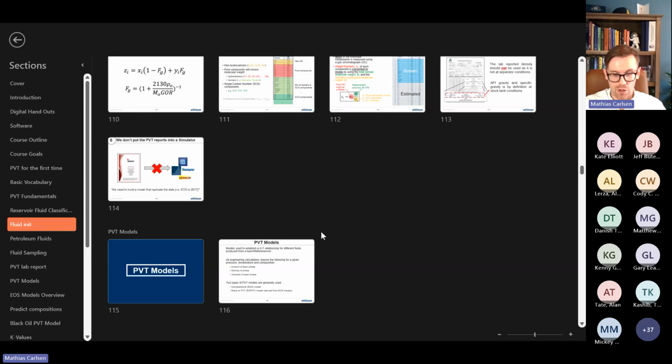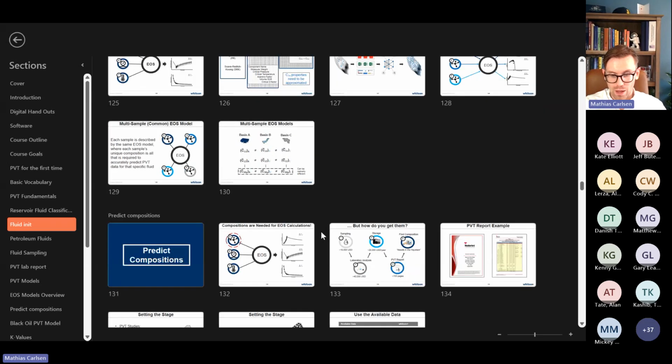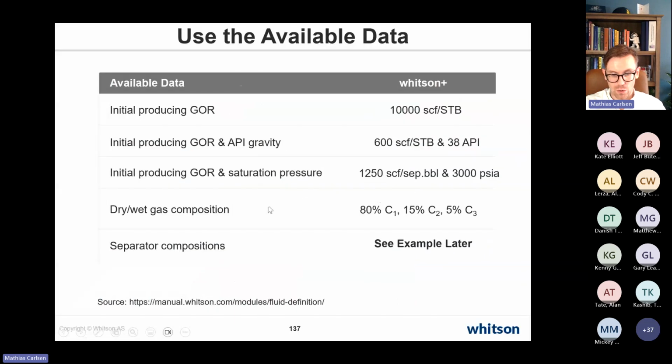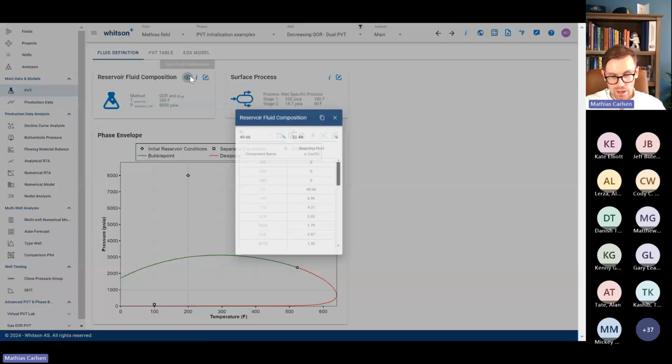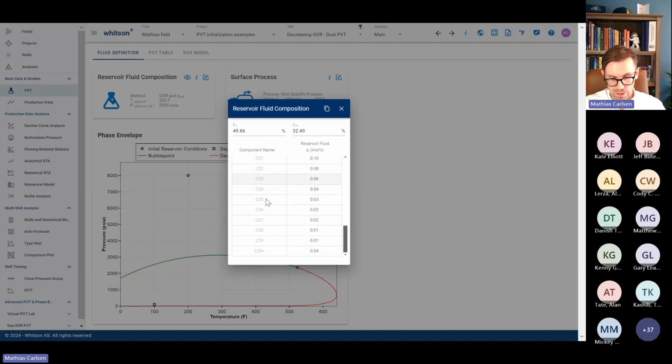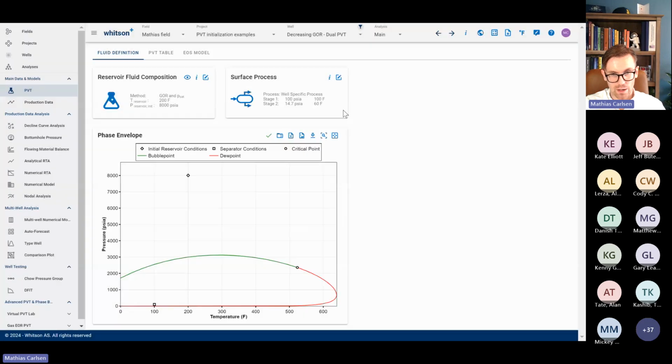But then there are some methodologies in the software that will help you predict those different compositions. So when we looked at these examples right here, we'll see, okay, this is the fluid composition that's being predicted in this case.